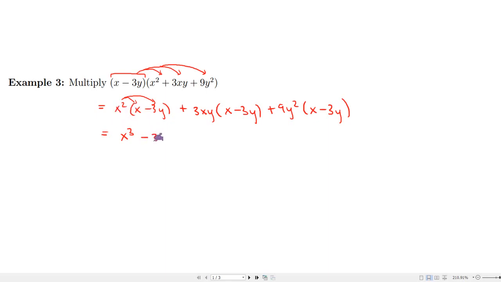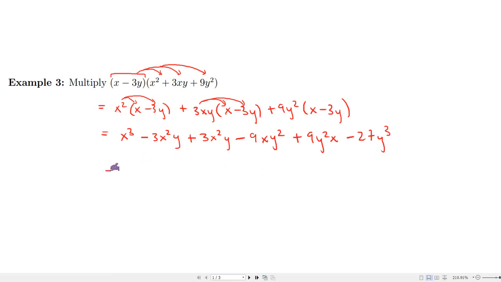Then we'll have minus 3x squared y, and then plus, distributing this in, we will have 3x squared y, and then distributing 3xy with minus 3y would give us minus 9xy squared, and then plus 9y squared x, and then minus, so 9 times 3 is 27, so minus 27y cubed.